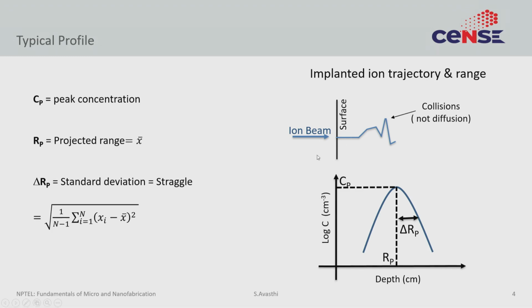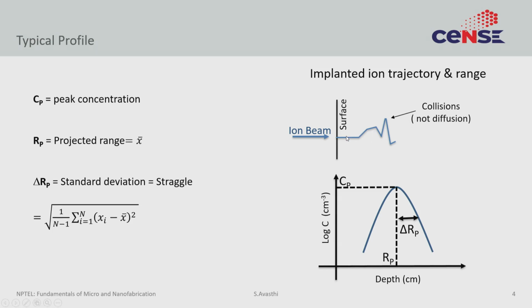This is vacuum, so the beam is coming straight without any hindrance, then it hits the surface where it starts encountering silicon ions. Every time it encounters a silicon atom, it suffers a scattering mechanism. With each scattering, it deviates its path a little bit and loses a little bit of its energy. After several of these successive collision events, at some point the energy is completely dissipated and the implanted ion comes to a stop.